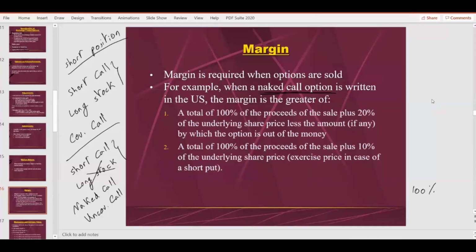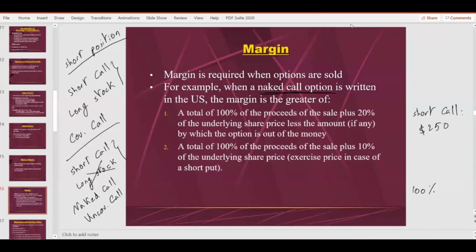So let's say that when you take the short call position, you receive, for example, $250, so the price per share is $2.5.